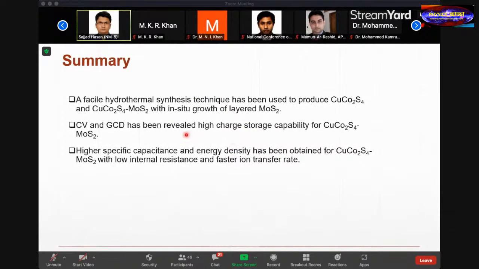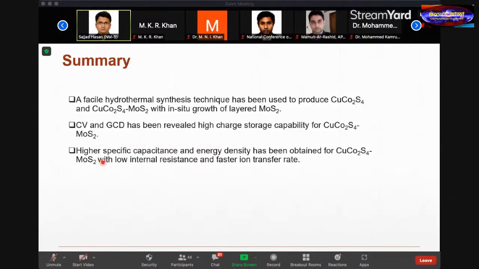Finally, in this work, we have used a facile hydrothermal technique to produce copper cobalt sulfide and copper cobalt sulfide MoS2 with in situ growth of layered MoS2. Cyclic voltammetry and galvanostatic charge discharge reveal high surface charge storage and improved charging and discharging for copper cobalt sulfide MoS2.